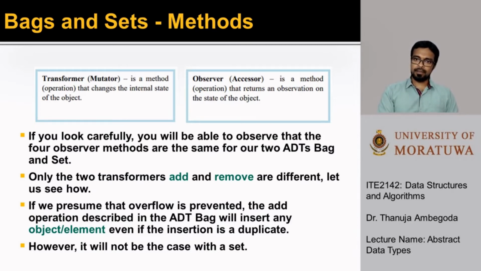So if we assume that the overflowing problem is sorted out, if it is taken care of, right? If we think that there's no limit to how many objects you can add, the bag abstract data type, using the add method defined for the bag, you could keep on inserting any object, even if you have added that object before.